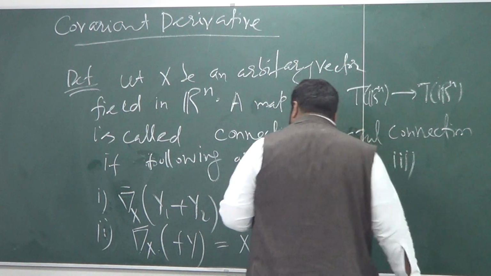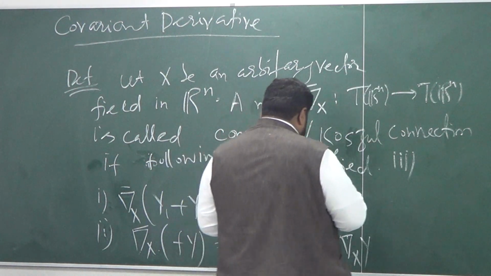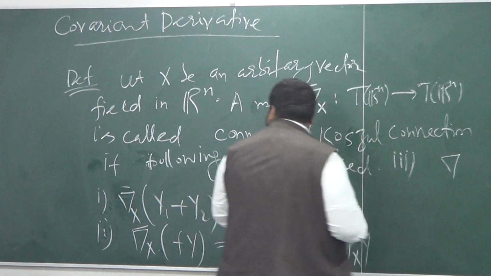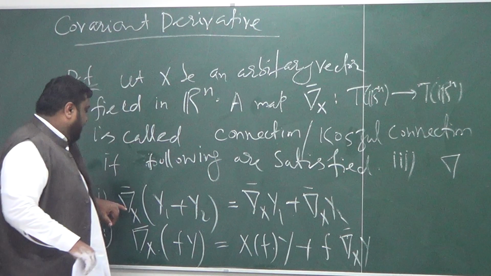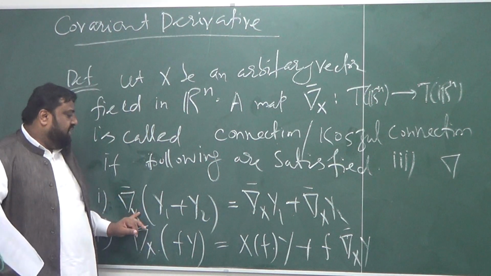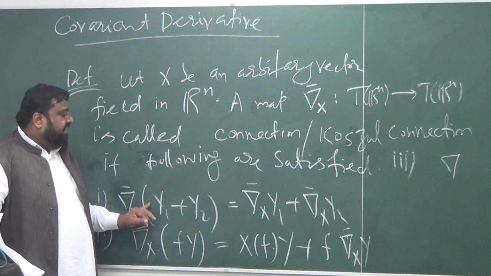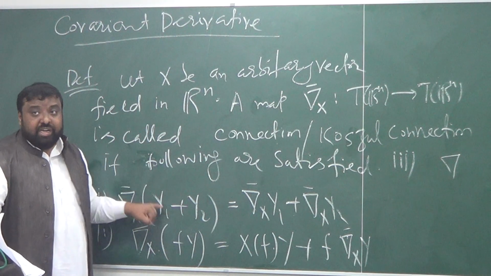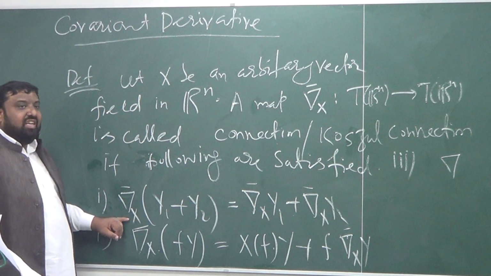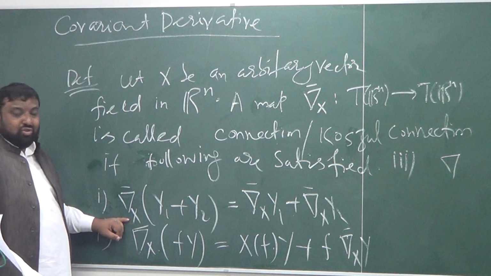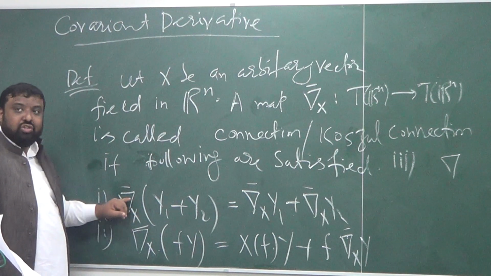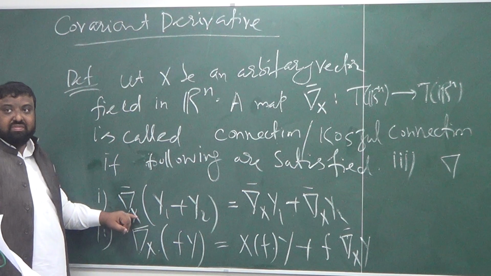The third property that it must satisfy is this. So it's a linear derivation with respect to the vector fields on which it is operating, but I want it also to be linear with respect to the directions in which you are computing the derivative.